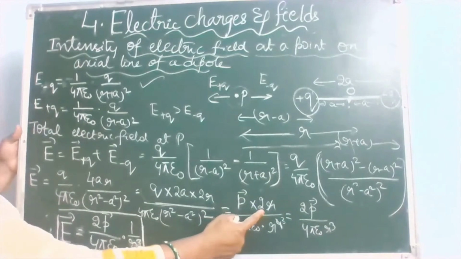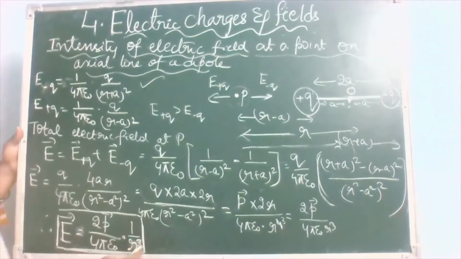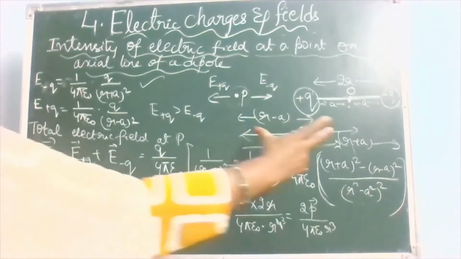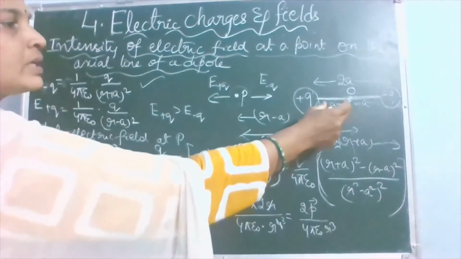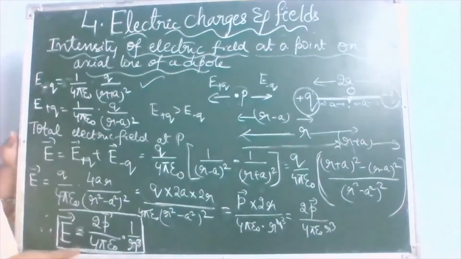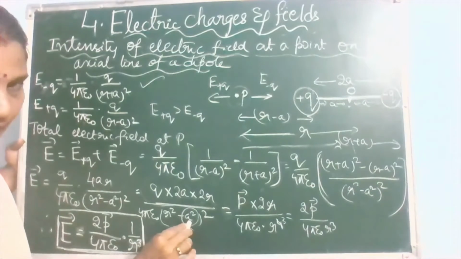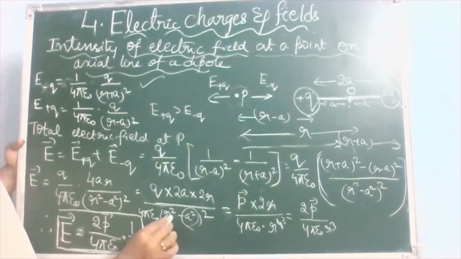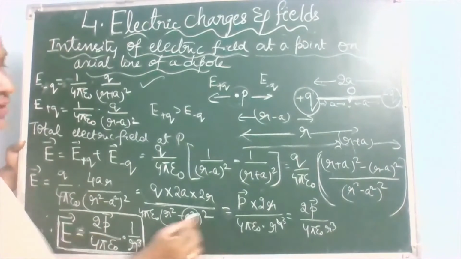Here if a is very less than r, that means when a is compared to r it is very less, then this term can be negligible. Then what happens? (r square) whole square, which equals r to the power of 4.